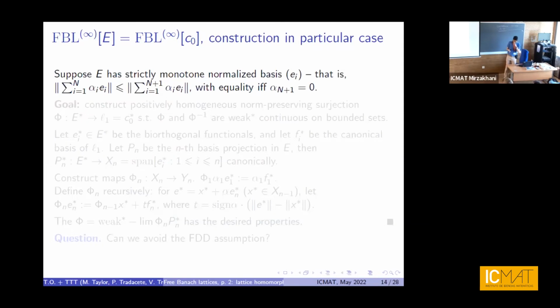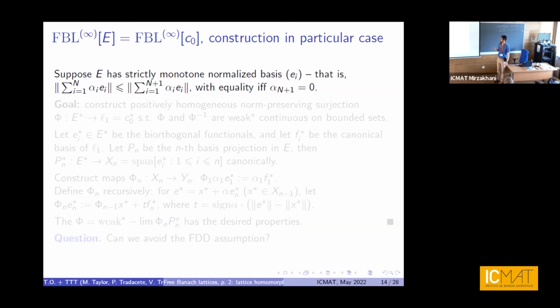So let me see why this is true, or try to explain why this is true, but kind of in a PG-13 version. So instead of an FDD, I want to consider a Schauder basis, and I want to strengthen the condition of monotonicity. I want to make this basis strictly monotone.